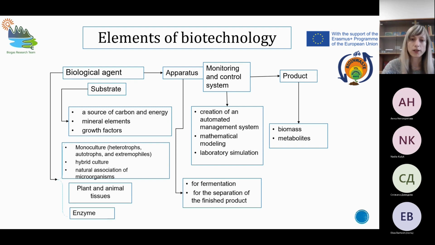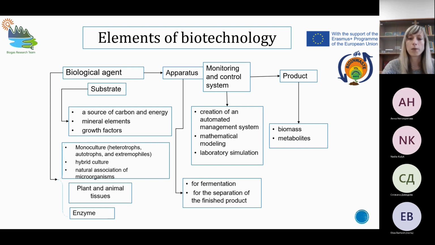Biological agents are input into the apparatus together with the substrate. Substrate is the source of carbon, energy, mineral elements and growth factors. Biological agents can be monoculture, hybrid culture, natural situation of microorganisms, plants, animal tissues, enzymes.